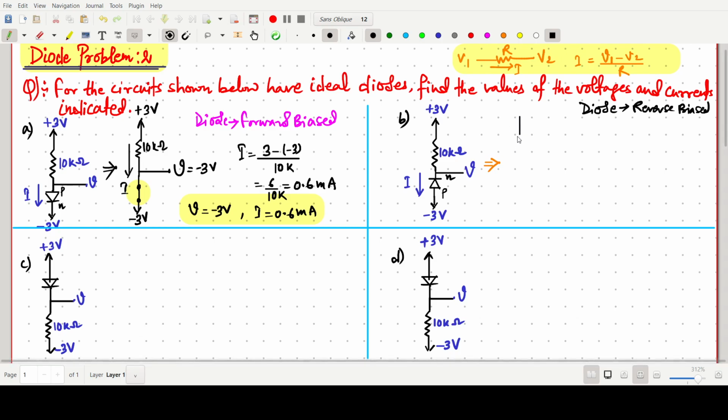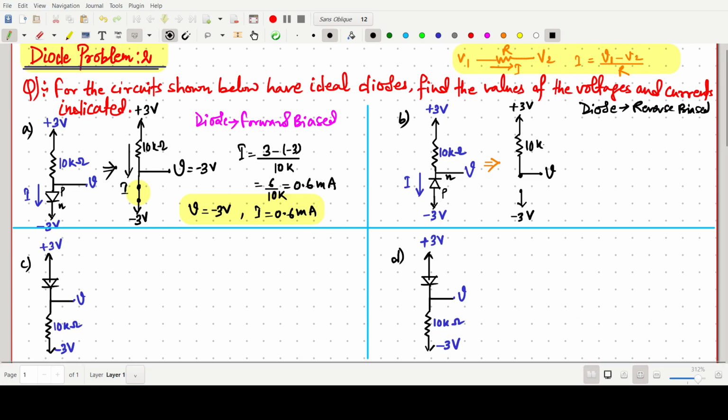So what we can do, from the resistor, and it is reverse bias, so we have to make it open, okay. So this one is connected to minus 3 volt, and this one is plus 3 volt, and that we have to find, that is our V, and this one is 10 kilo ohm. So now this one is open.